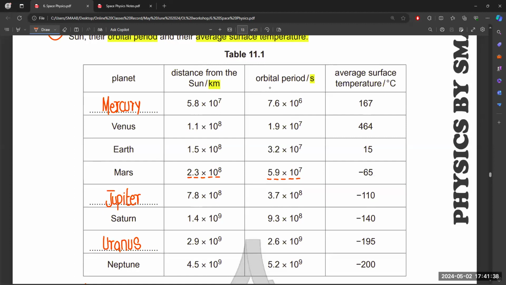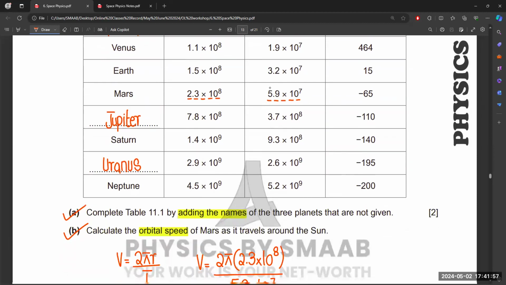We can see that from Mercury till Neptune, distance is increasing and temperature is decreasing, right? It starts from 167 and ends up at minus 200. So the further we move away from the sun, the colder the planets get compared to the first one.